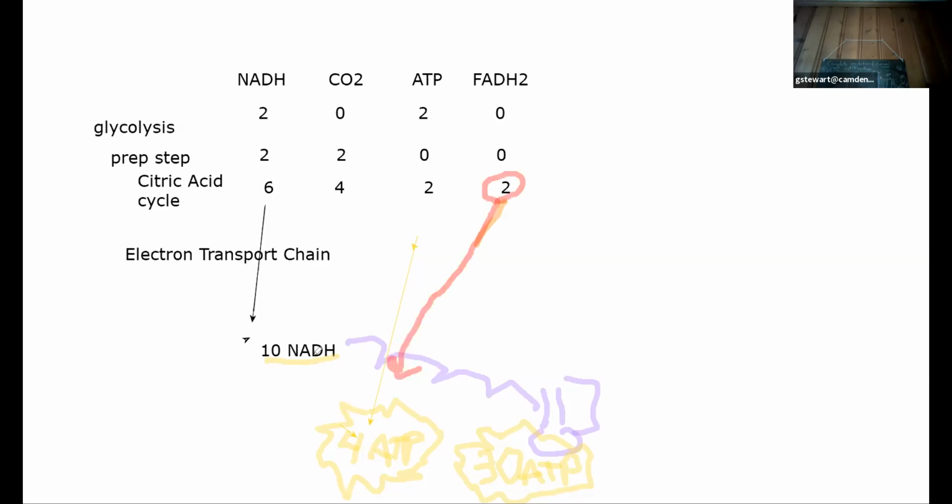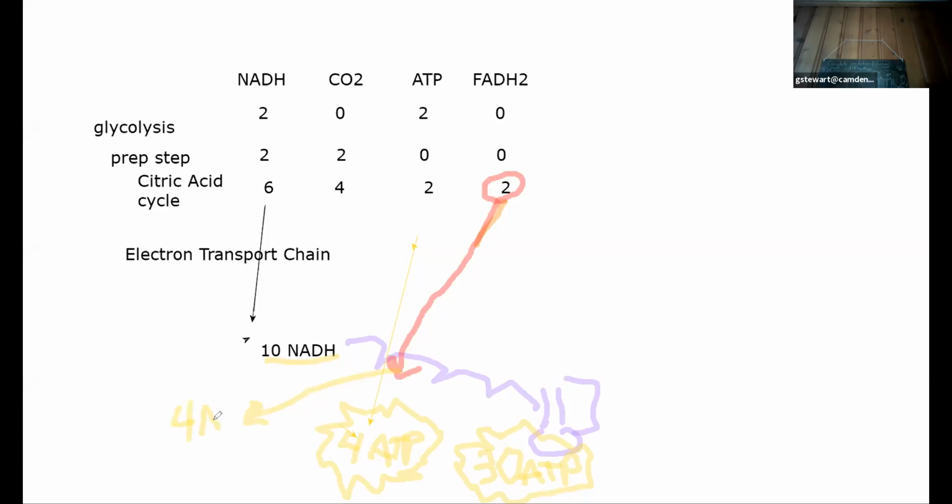They don't drop off as much potential energy as the NADH, but they still come to the electron transport chain. And each FADH2 can produce 2 ATP, and I have 2 of them. So 2 times 2 is going to give me 4 more ATP from my FADH2s.